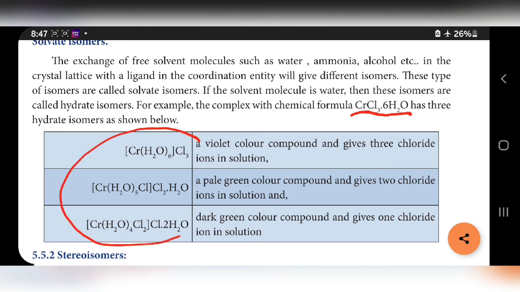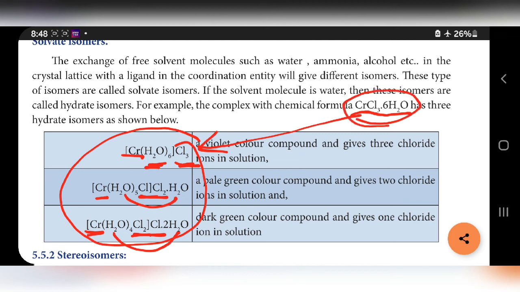All these three compounds have the same molecular formula, CrCl3·6H2O.